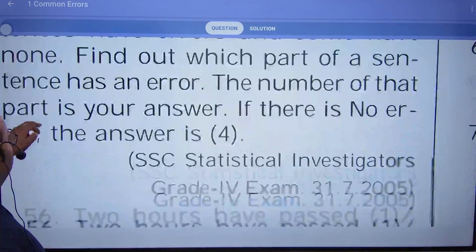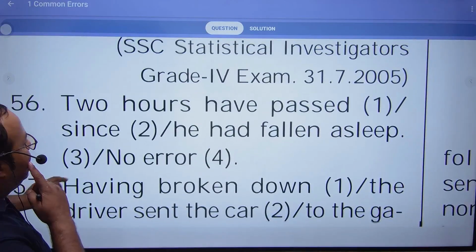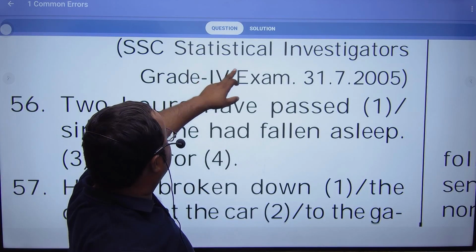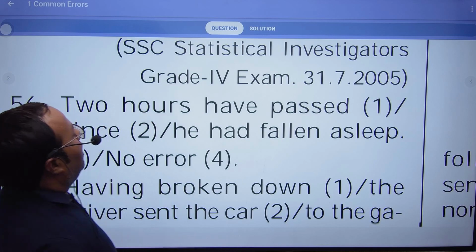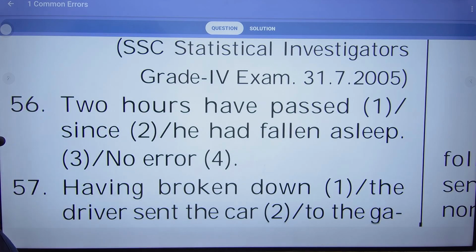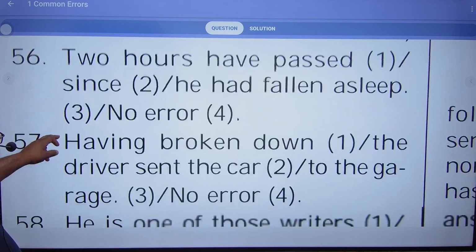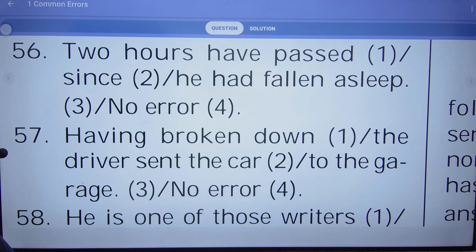So for that we have to get it up. Let's see here, in Grade 4 SSC, statistical investigators, like SSC examination, all these 5 questions are asked which we are going to study here in 2005.